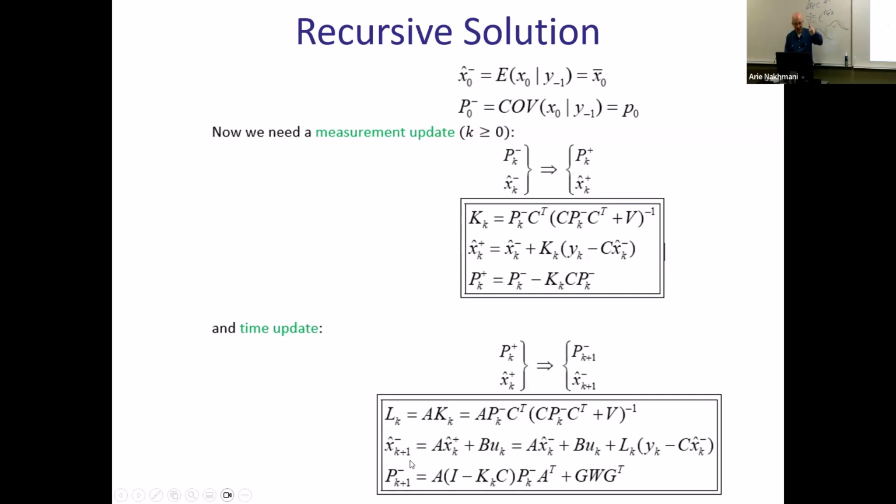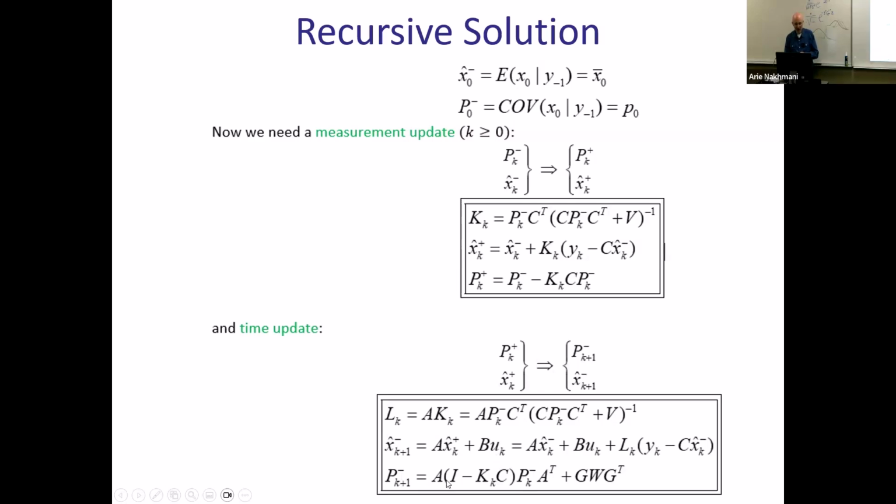The gain LK will be A times Kalman K, which I computed here, so it's known. XK plus 1 minus will be A XK plus, which I computed here, plus B UK. UK is known because you are providing UK.